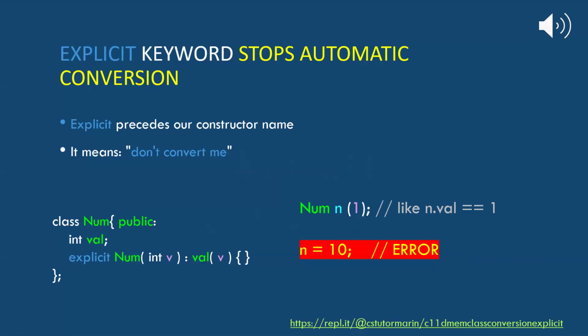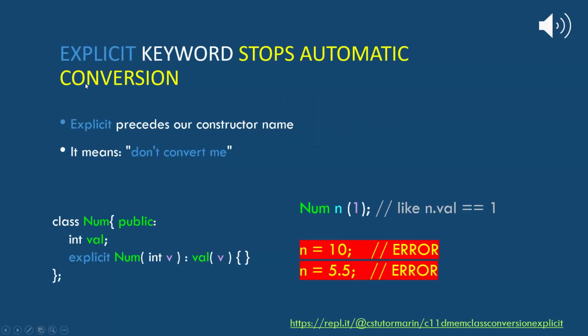Well, maybe that's something we don't really want to encourage when people work with our class. So the keyword explicit is just out there to prevent abuse of that particular feature, or just reduce the number of bugs that might occur in your code. So just keep that in mind. You can put it in front of anything to take away some of the functionality that happens automatically in your classes.